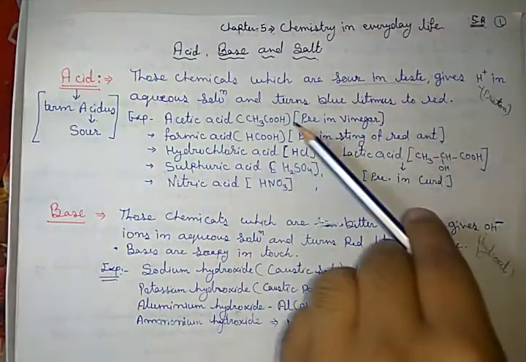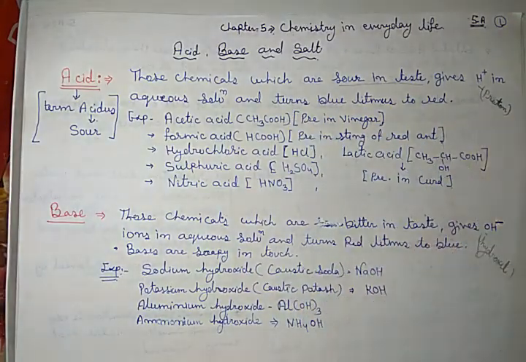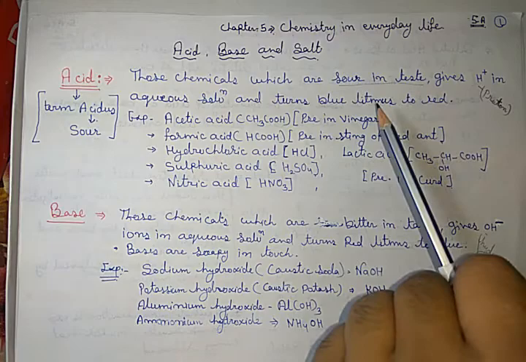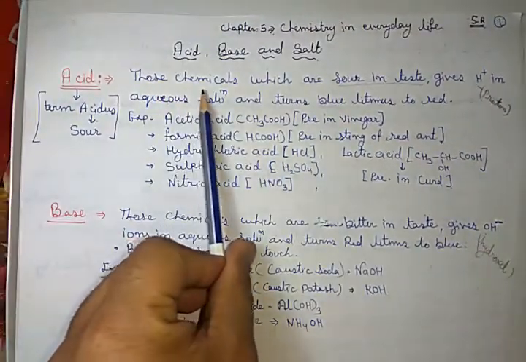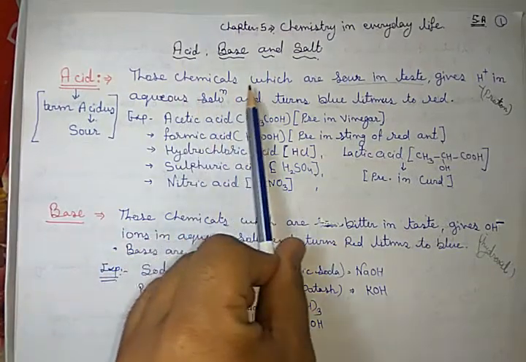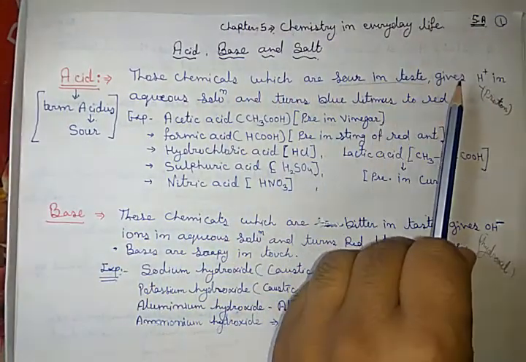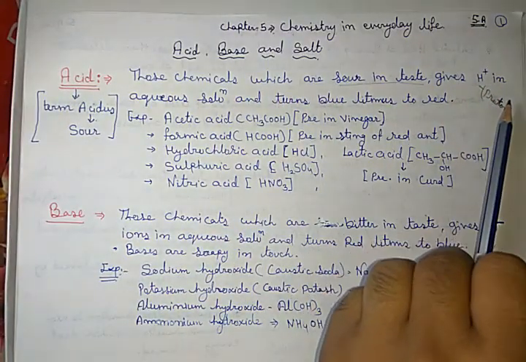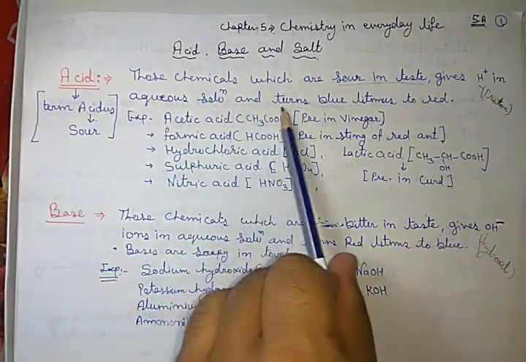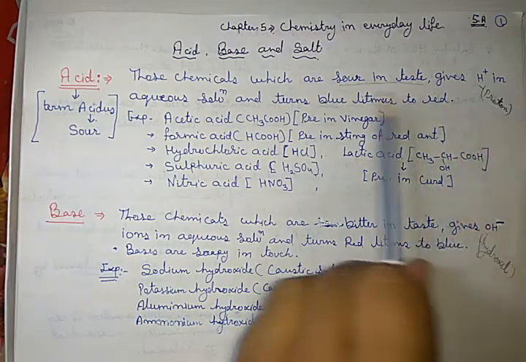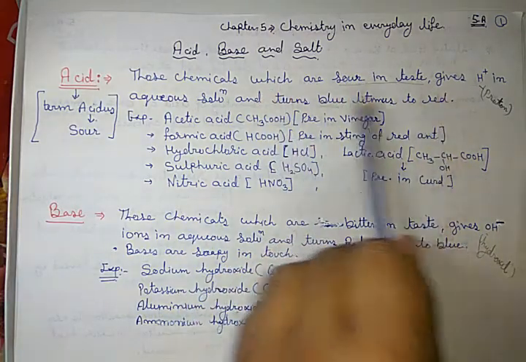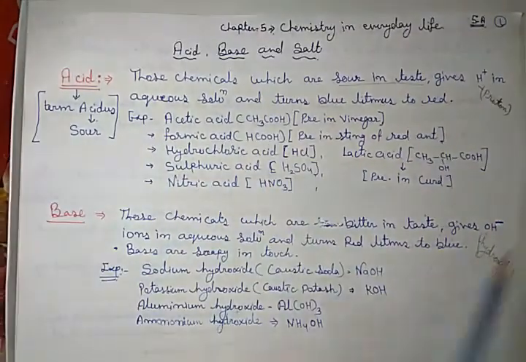And third, they turn blue litmus to red. By combining these three properties, we can define acids as those chemicals which are sour in taste, give H+ ion or proton in aqueous solution, and turn blue litmus to red.